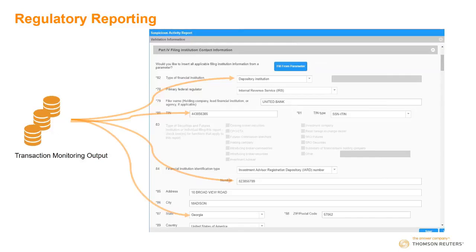If you have a really good transaction monitoring platform, it should help you to pre-fill and in some instances even auto-file the regulatory reporting to FinCEN, or any other regulator that you're involved with. This is a big, big bonus if you can get this automation done for you.